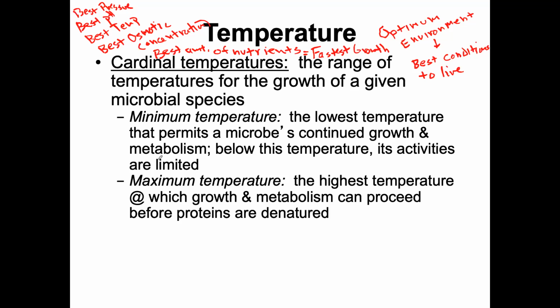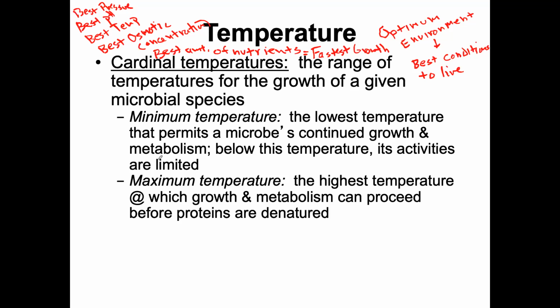Okay, they may even die. The maximum temperature is the highest temperature at which growth can continue before the cell basically gets cooked, okay? So you got your low temp and your high temp, okay? And that's the window of life, right?